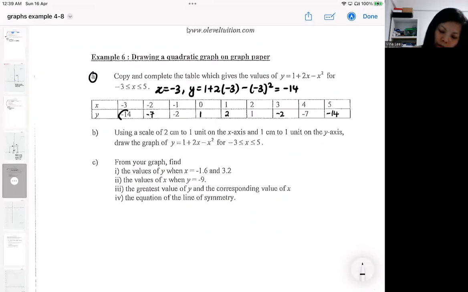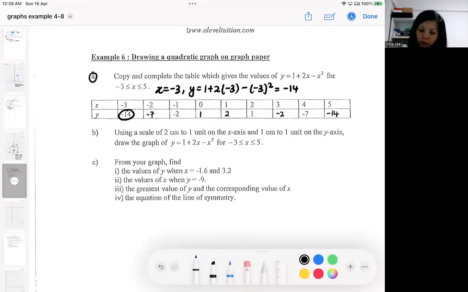Anyway, this one, they already give it to you, so you just have to fill in the missing blanks. If you can't even fill up the table, you cannot even draw a proper graph. That is a very basic thing that you should be able to do. And again, follow the scale.